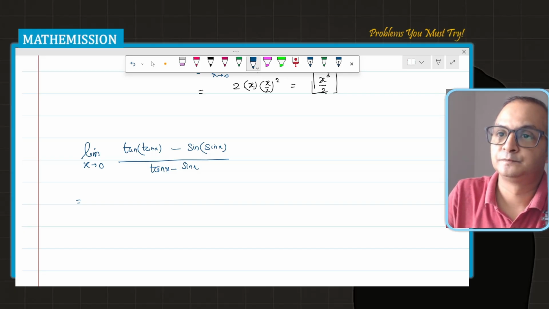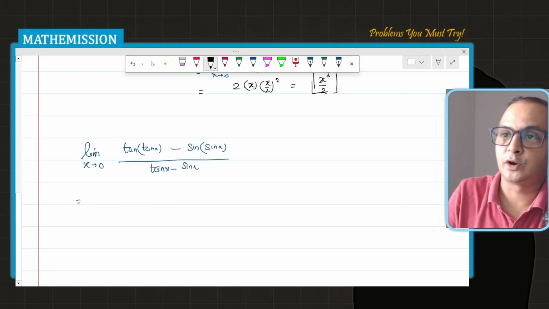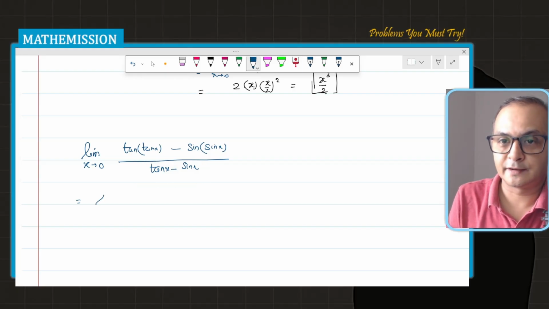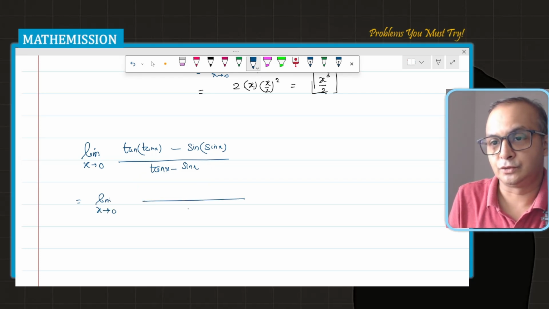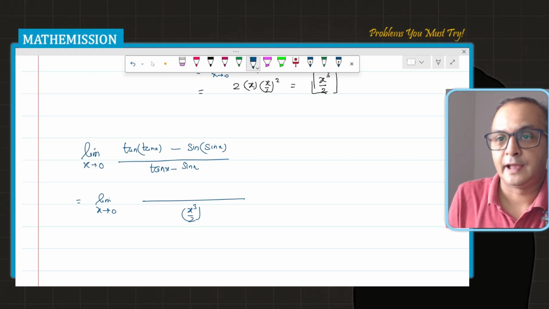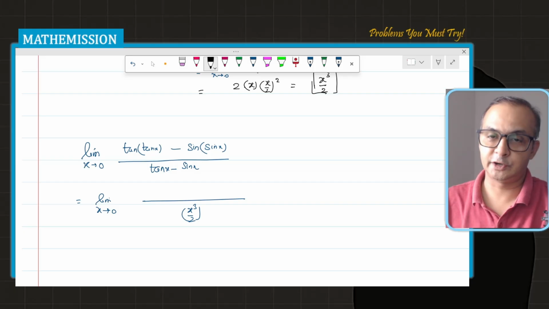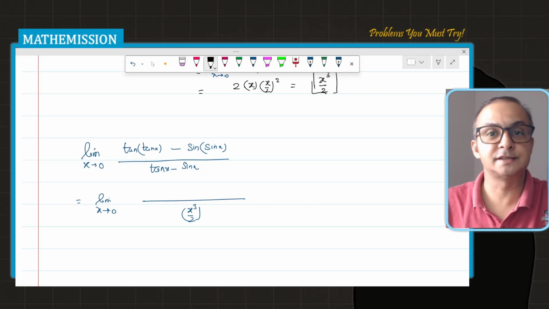We know that I have this approximation exactly. We have just found that it is x cubed by 2. So I can directly write it as x cubed by 2. And this tan x and sin x, I can take a better approximation by using its series.